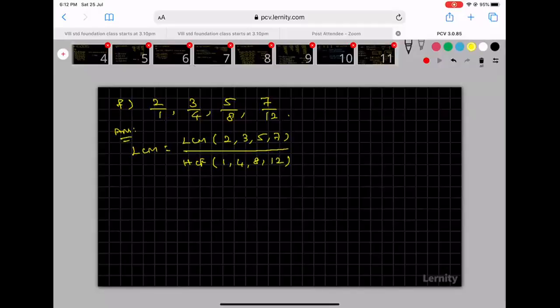Here in the LCM all are prime numbers, so I can directly multiply 2 into 3 into 5 into 7.